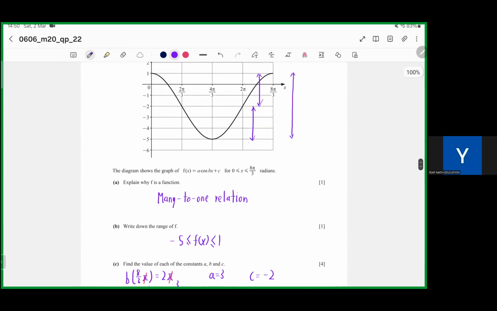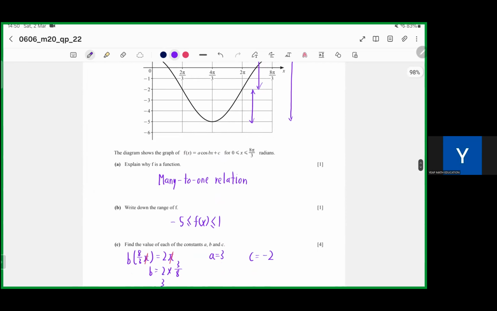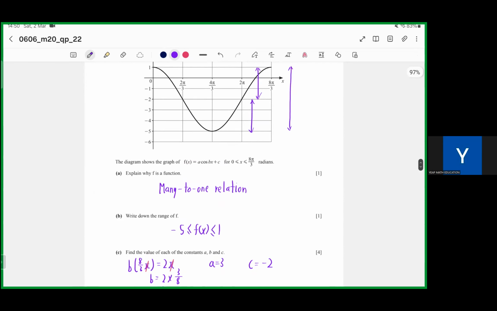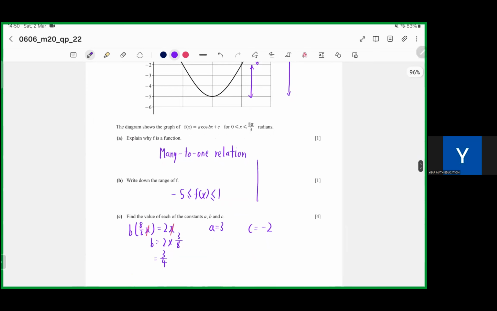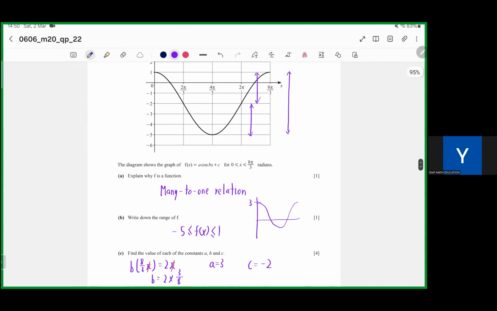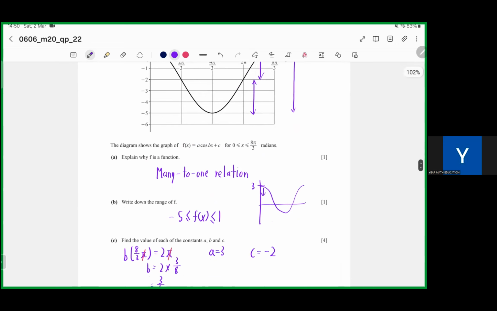Why? Maybe the graph function would be like here at 3, but now we see the y-intercept here is 1, so it means it goes downwards. So the value of c will be negative 2, because downwards 2 units.